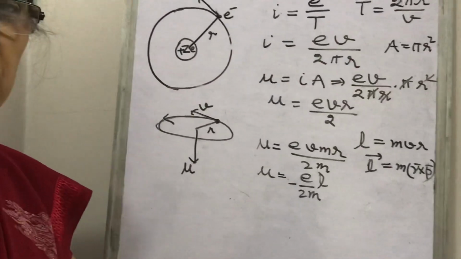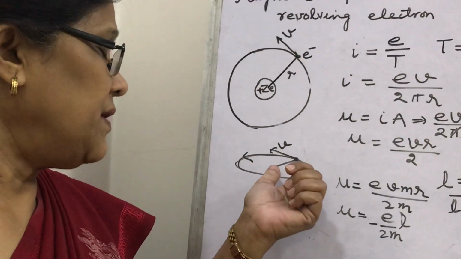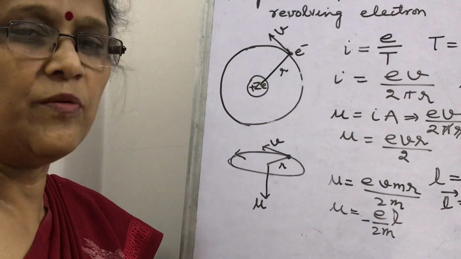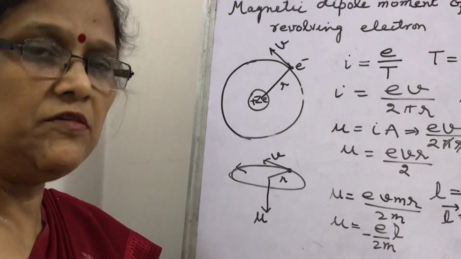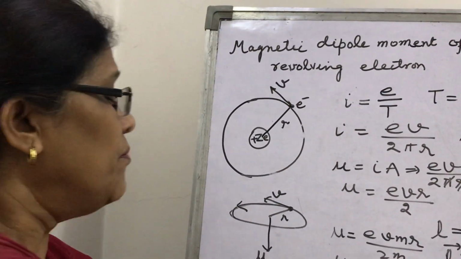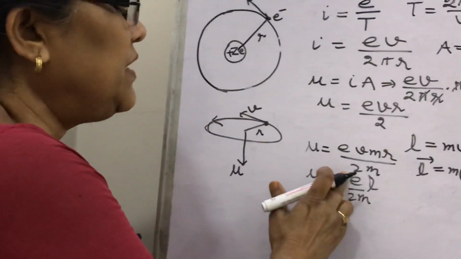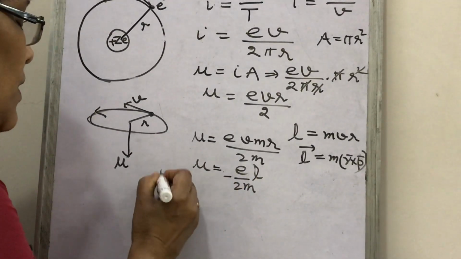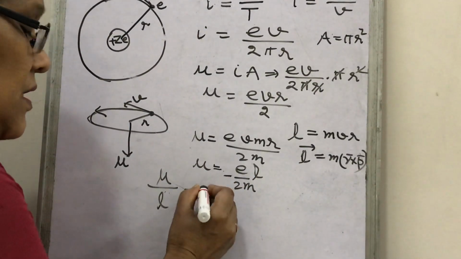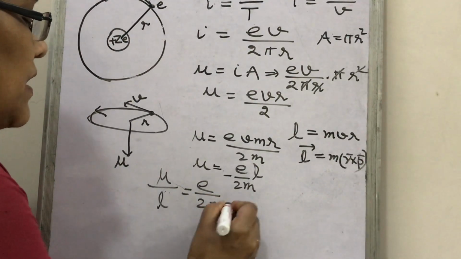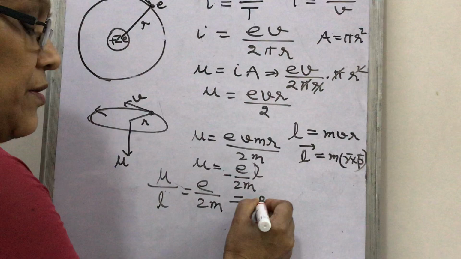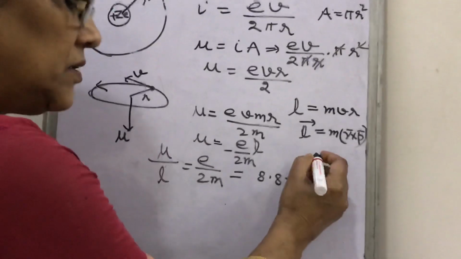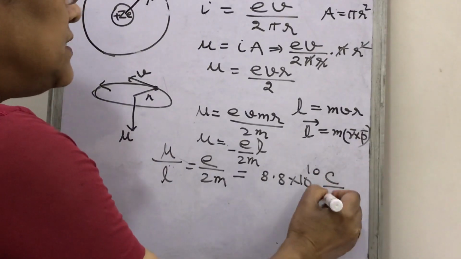If any positively charged particle is there, then what will happen? This positively charged particle will have the direction same as the magnetic moment. Angular momentum and magnetic moment will have the same direction. So here mu equal to minus e upon 2m times L. So e, m are constants, L is angular momentum. So mu upon L, that is, the magnitude e upon 2m, its value is 8.8 into 10 to the power 10 coulomb per kg.